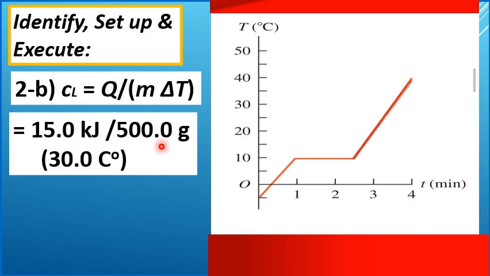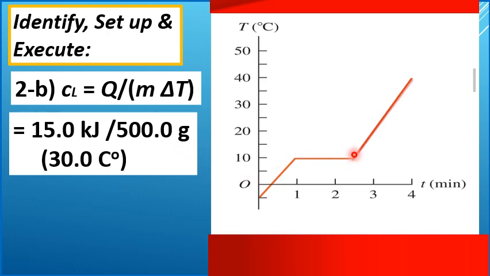We divide that by the product of its mass and the change in temperature, which is 30.0 Celsius degrees, because the final temperature of 40 degrees Celsius minus the initial temperature of 10 degrees Celsius gives 30.0 Celsius degrees.